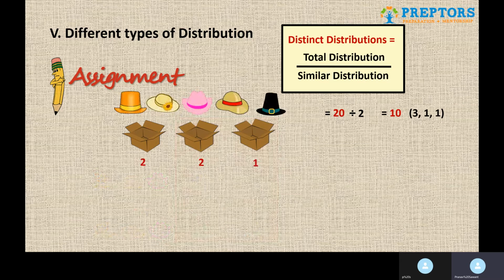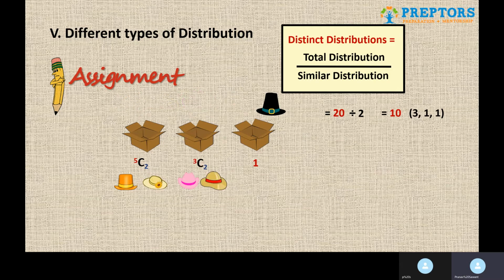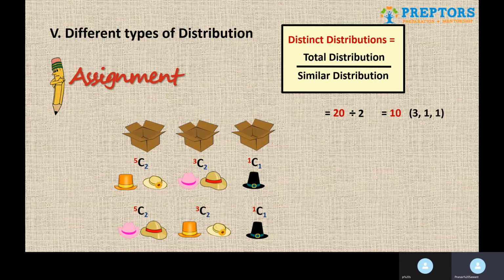Now the first case could be we've selected these two hats, then we've selected these two, and we have selected one. But there's one more possibility that we have selected the other two hats for the first box and the first two hats for the second box. Hence, there is also a double counting.